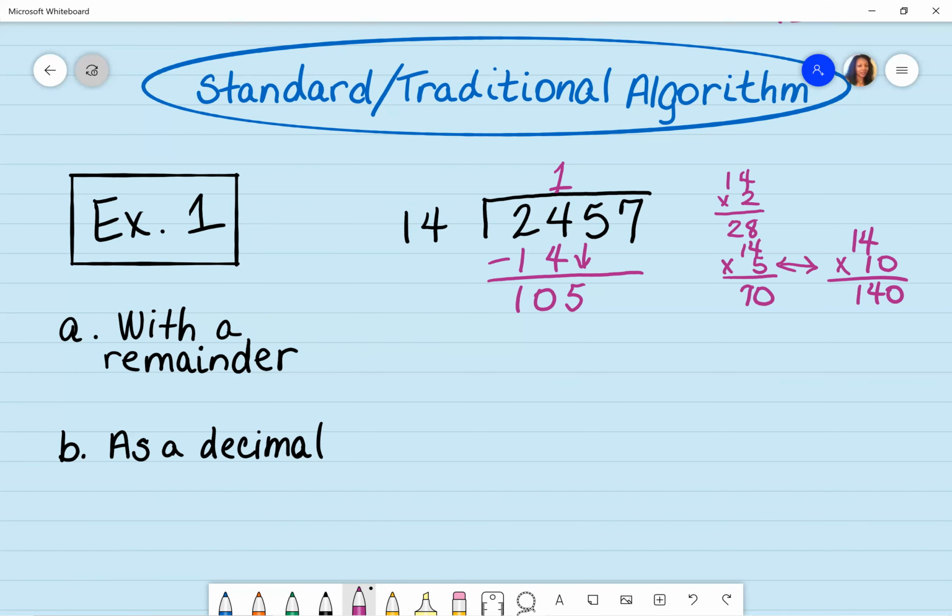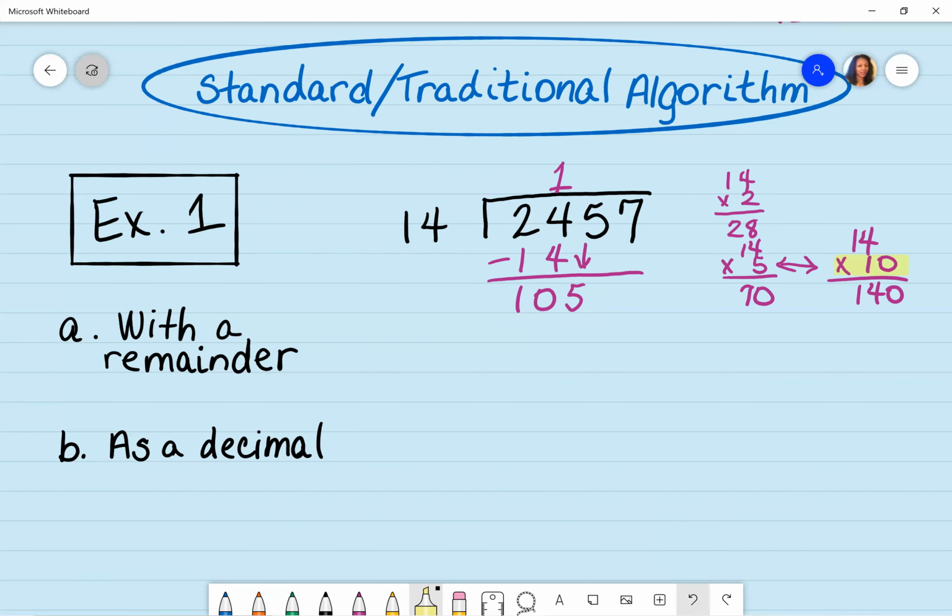Yep. So let me clarify something you said. You said whenever you have a hundred, then you want to multiply the divisor by 10. Yes, that's something I did tell you. If there's two digits out here, and when you're looking at the first two digits, if you can't make groups from that, then you have to go to the third one. So I automatically have you multiply times 10.